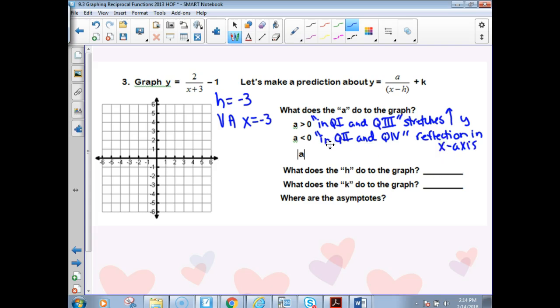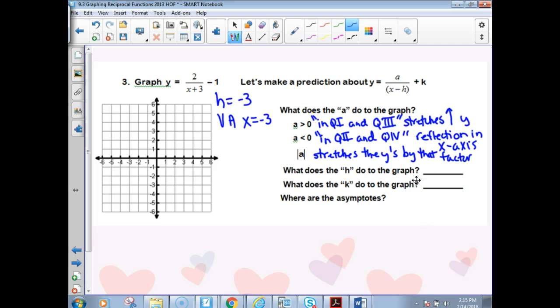I guess I didn't have to write the stretches there. The absolute value of a is what stretches the y's by that factor. So if it's 3, it's stretching it by 3 times.